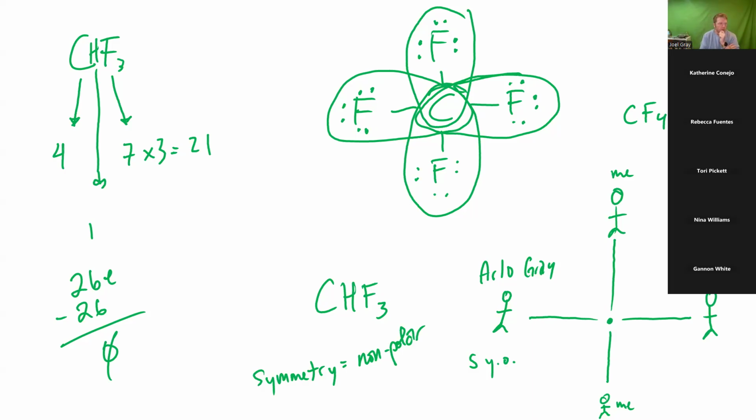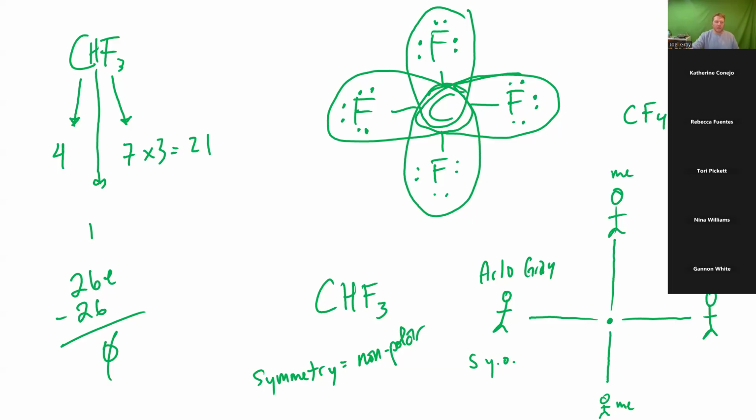Okay. Now, if symmetry means non-polar, then what does asymmetry mean? Well, that means polar. Your molecule is polar. Okay, so what I'm getting at and what I want you guys to know is electronegativity is going to determine if your bond is polar. It's not necessarily going to dictate if the molecule is polar.